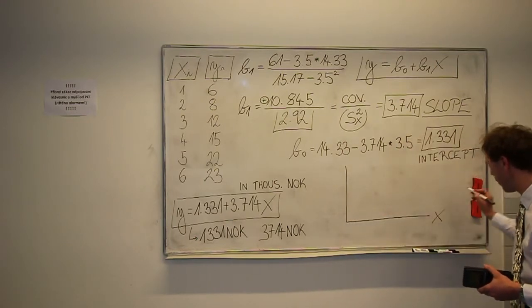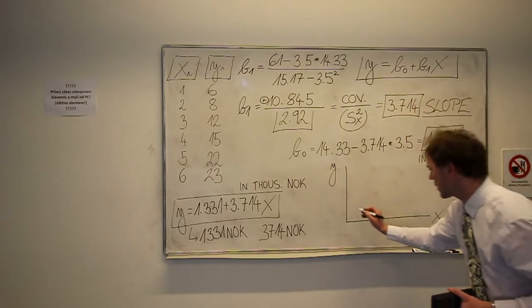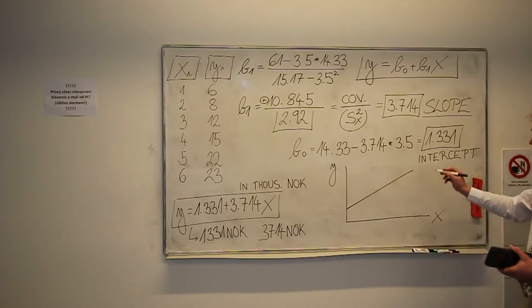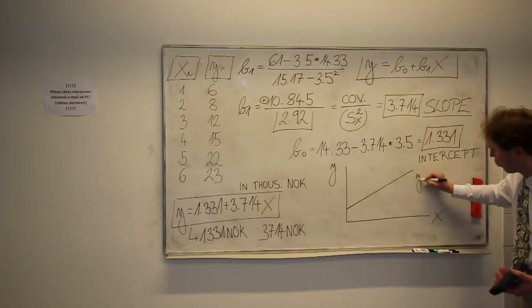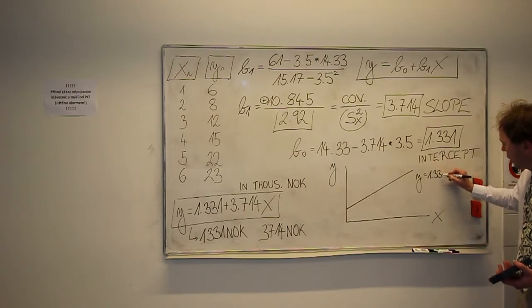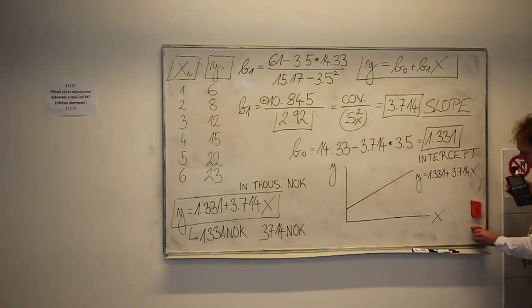So there is variable x, there is variable y, yes, and there is our line. This is my line, yes, y is equal to 1.331 plus 3.714x. Yes, this is our line.